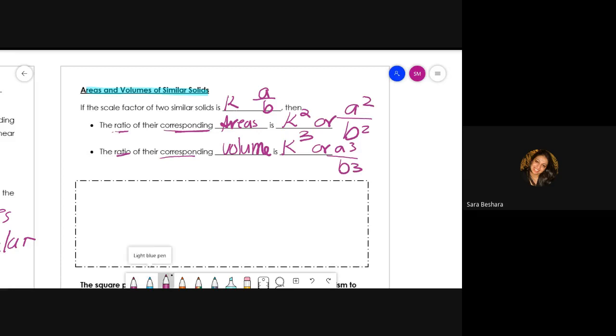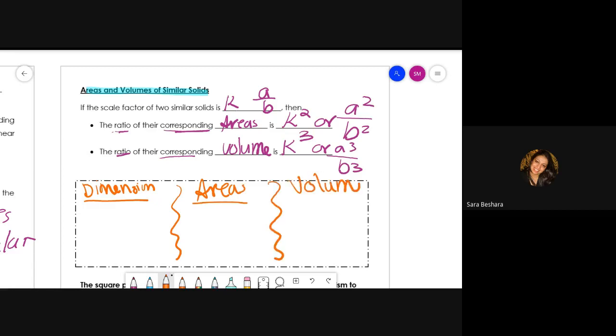Okay, one more time. There are three ways we can talk about the scale factor: the relationship of their dimensions, of their areas, and of their volumes. Again, this is how the dimensions, the areas, and the volumes of similar figures are related.